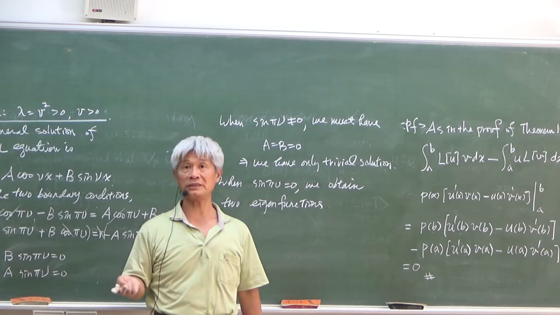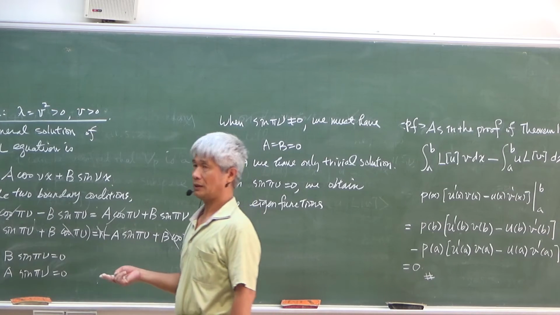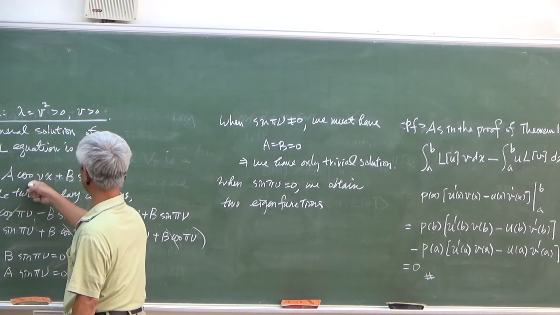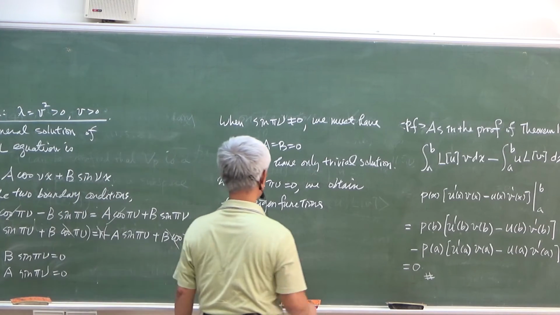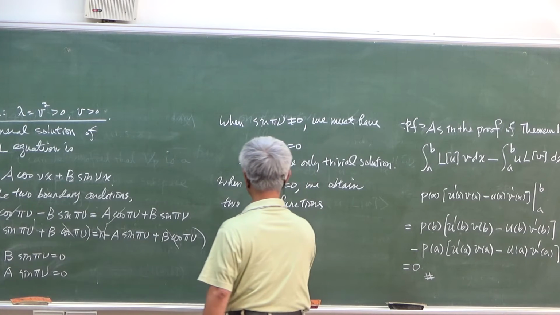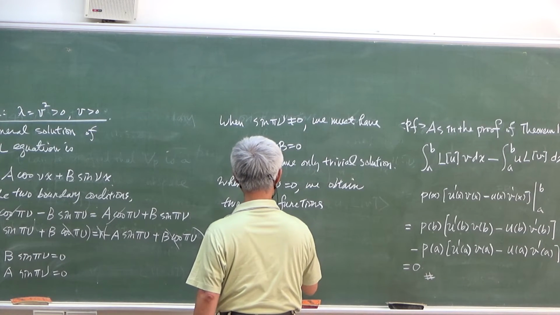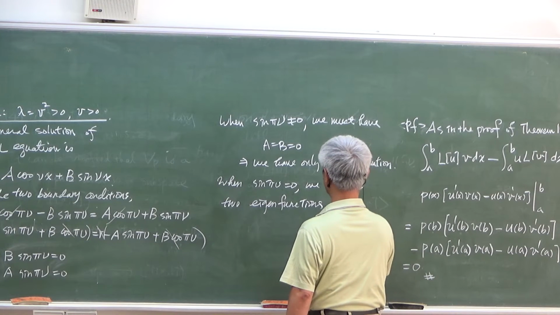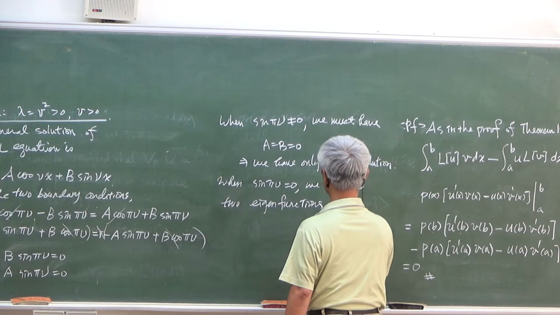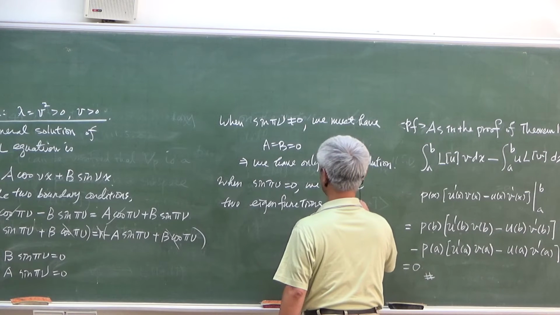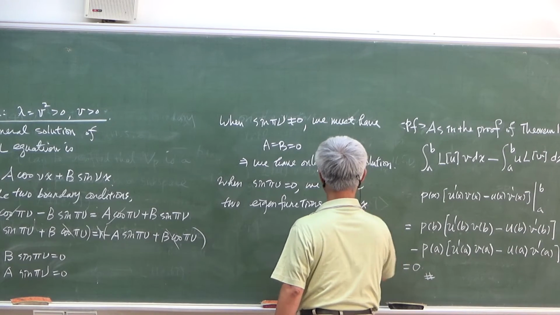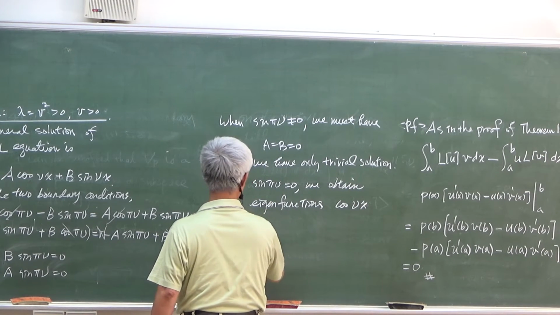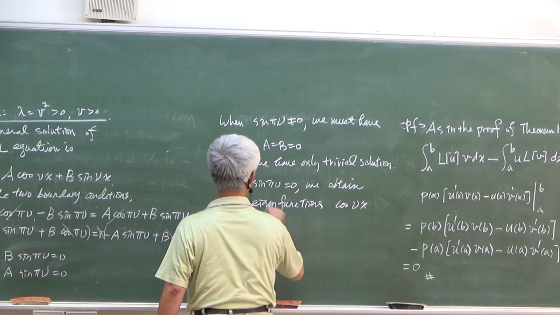So we have 2 degrees of freedom, and the eigenfunctions are cosine μx and sine μx.